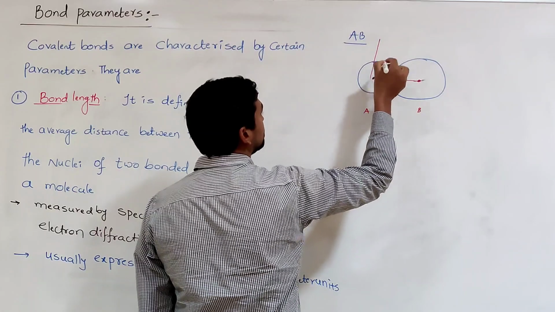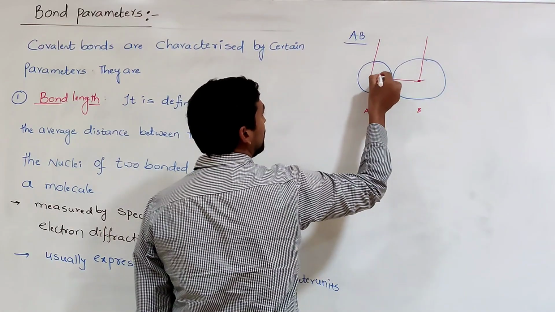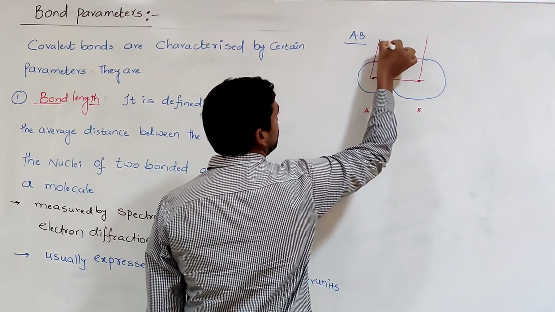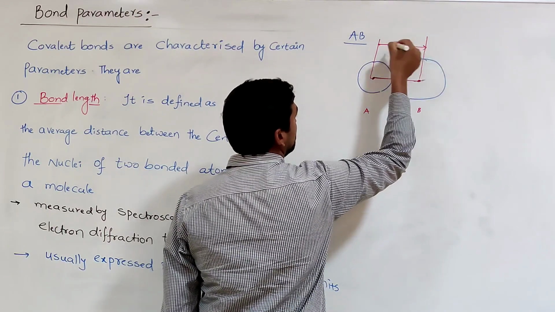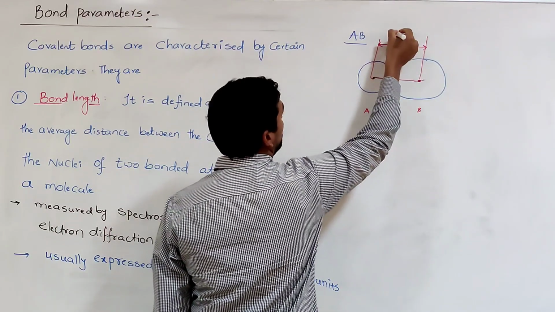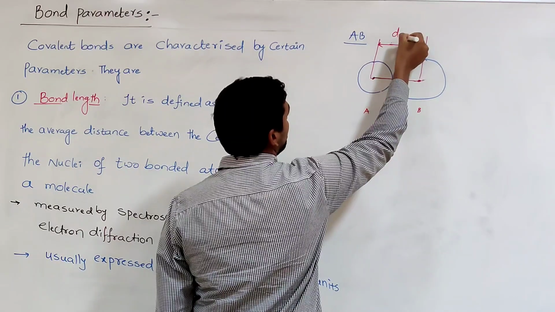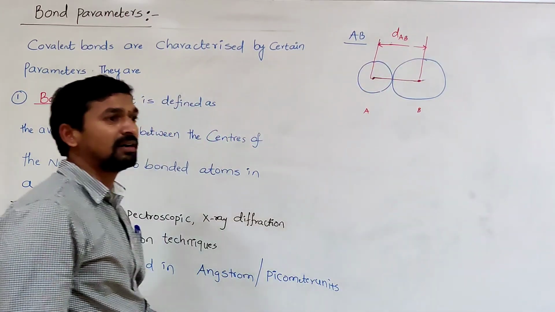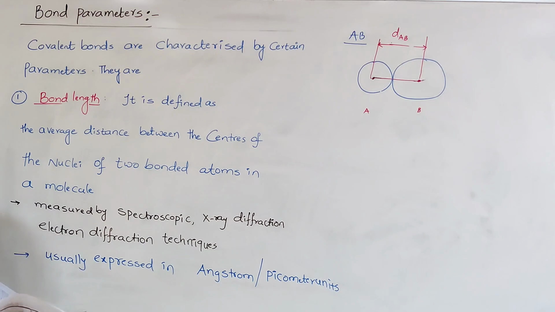This distance between the two nuclear centers of two bonded atoms, that is d_AB, is called bond length.